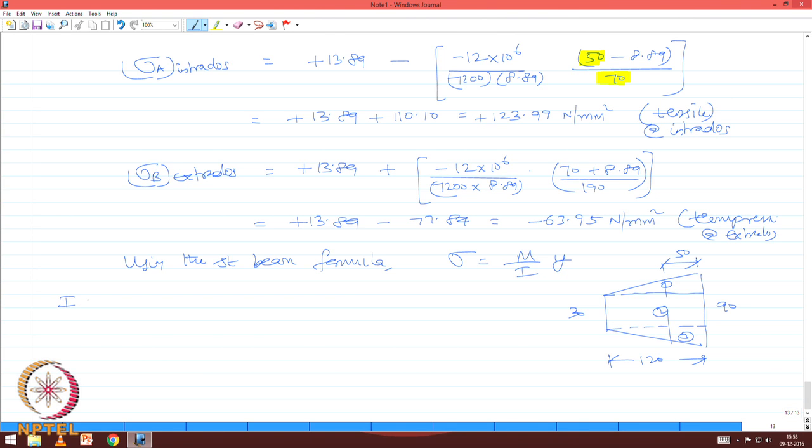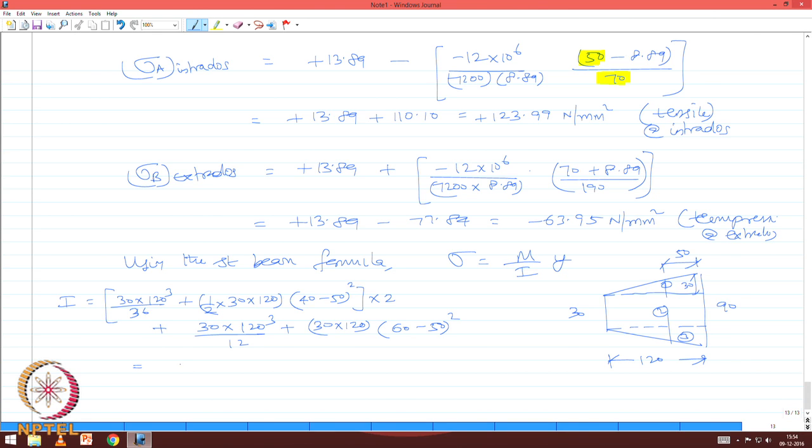I is second moment of area, let us compute this. So, 30 is this distance into 120 cube by 12 by 36, that is for the triangle, plus AK square, area is half into 30 into 120, K is going to be 40 minus 50, the whole square of 2 pieces, plus for a rectangle BD cube by 12 plus AK square, 30 into 120 is the area, K is going to be 60, that is 120 by 2 minus 50 the whole square.